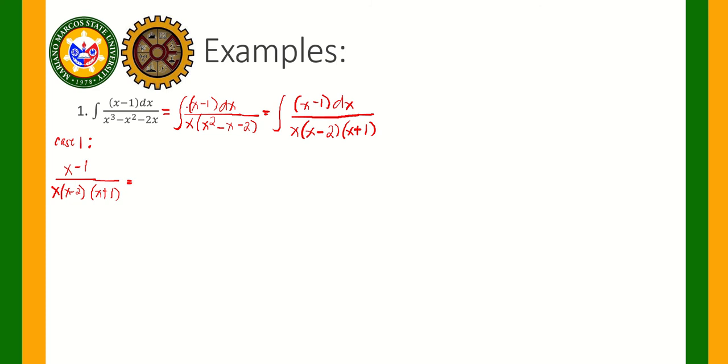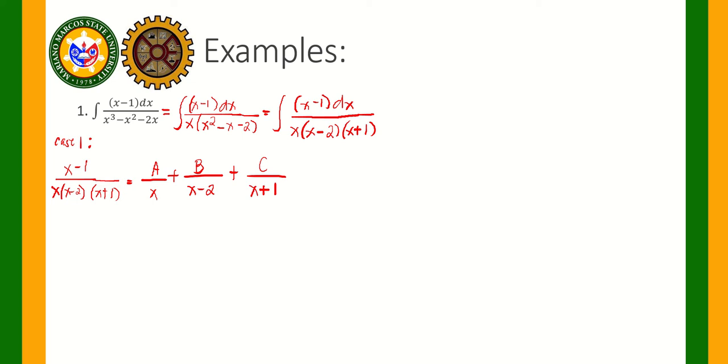So, our first linear equation is the x. So, this will be equal to a all over x. And then b, gamitin natin si b, plus b all over x minus 2, which is the second linear, and then plus c all over our third linear, x plus 1.